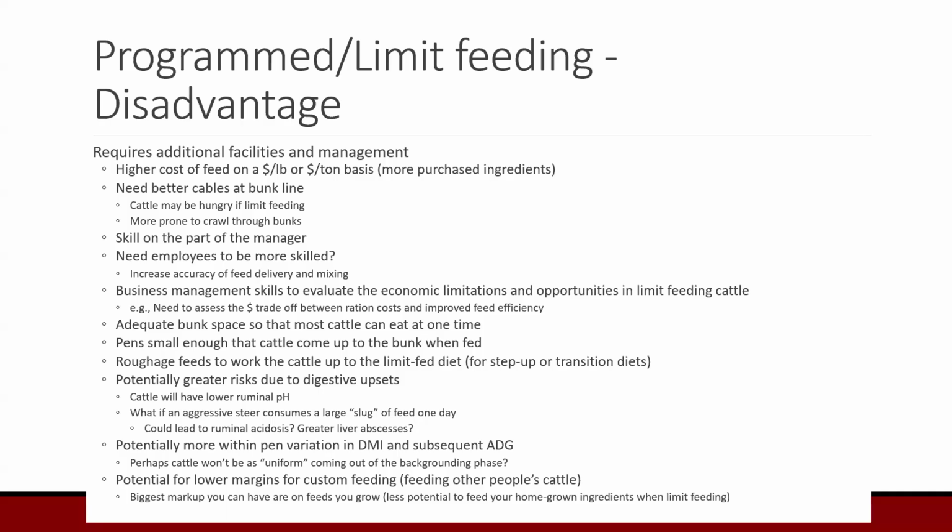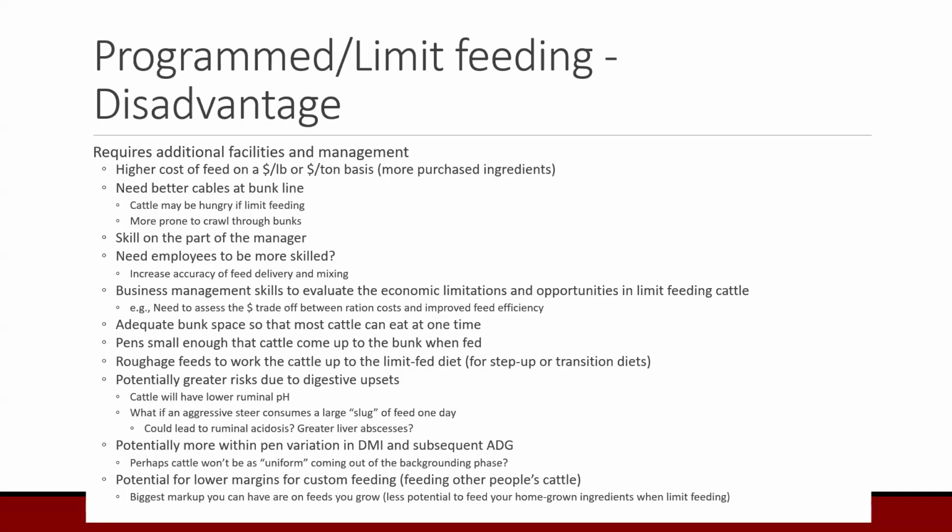They want to feed a group of animals that will have the similar body composition at their targeted endpoint so they can harvest all those animals at the same time and not have some that are grading standard, some that are grading prime, right? They would rather have a group of more uniform cattle that they can feed to 1,500 pounds, and all those animals will grade kind of average choice, right?